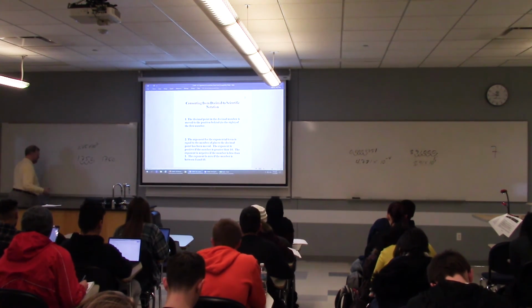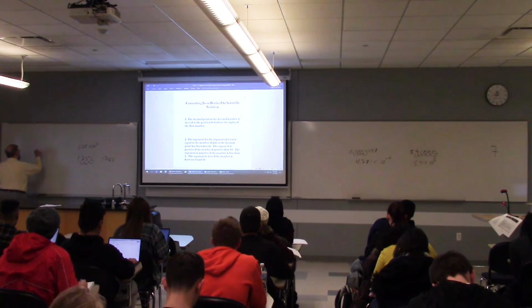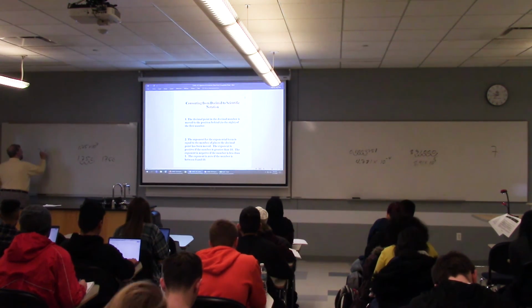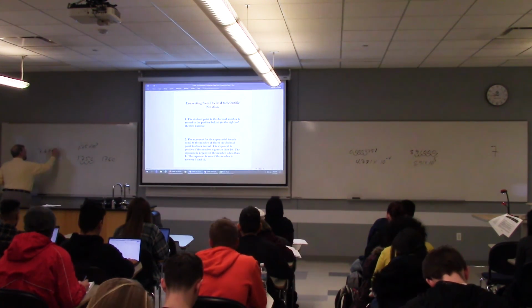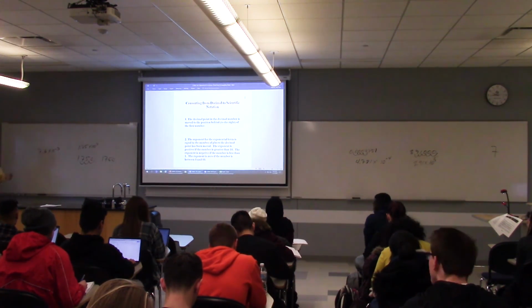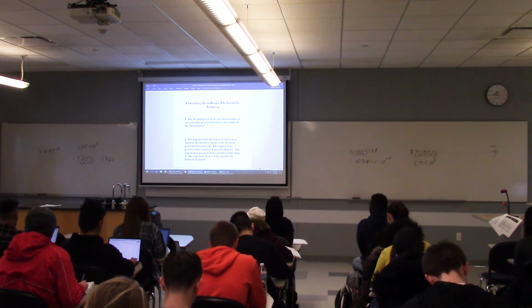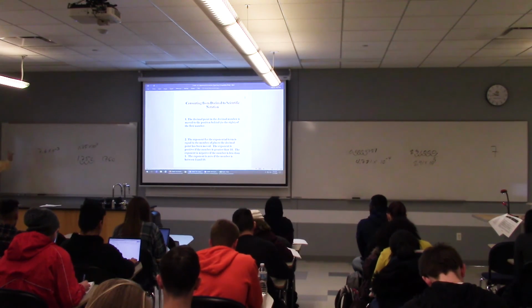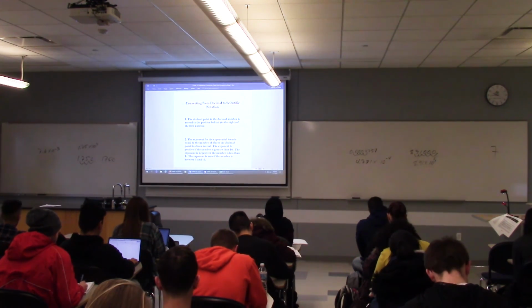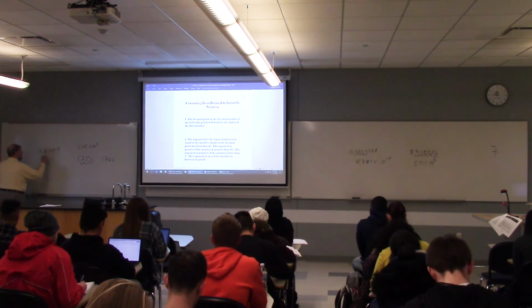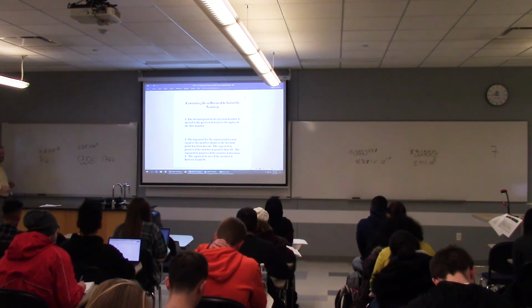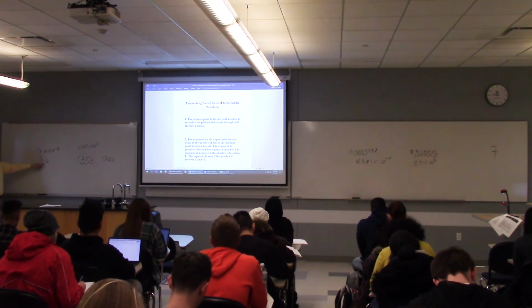Help if I do the right problem. Let's look at how to go from scientific to decimal. Now, I'm going to write down 7, 6. If there is anything after 6, I write that down. Here's my decimal point.